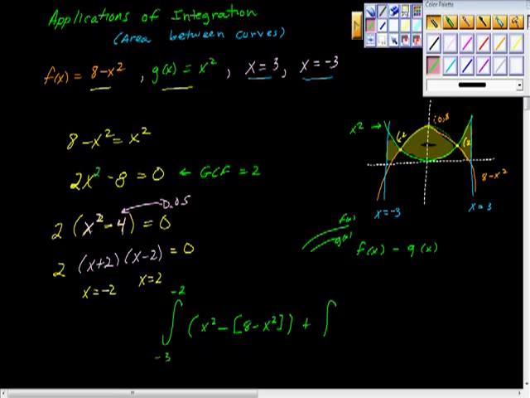Plus from -2 to 2, we can see that f of x is the top function here. So we want this 8 minus x squared, the top one, minus the bottom one, so minus x squared, right?